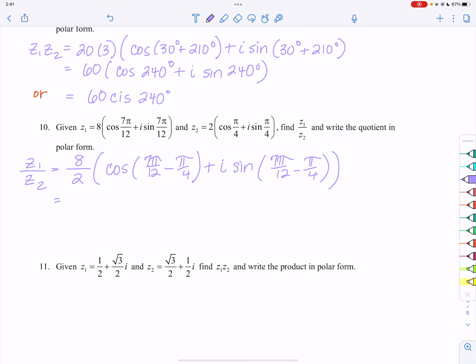And we come up with 4 cosine of pi over 3 plus i sine of pi over 3. Now we can also write this as 4 cis pi over 3.